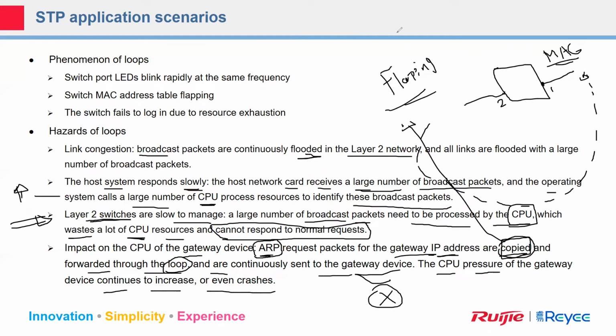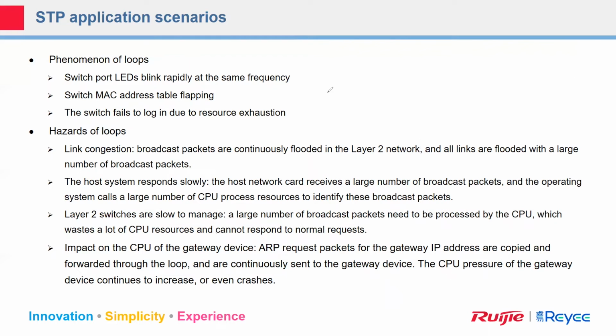So the loops can extremely decrease the performance of your local area network. It affects the CPUs, it affects the RAM, and overall it affects the switch performance.